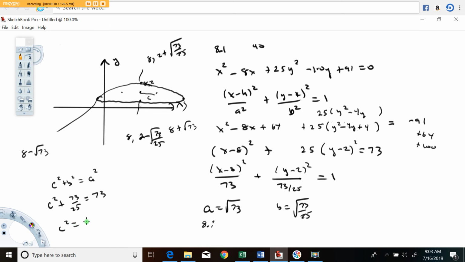So c squared is 73 minus 73 over 25. I'll leave it like this and call it some number. The coordinates of this point are 8 plus c, and of this point, 8 minus c.